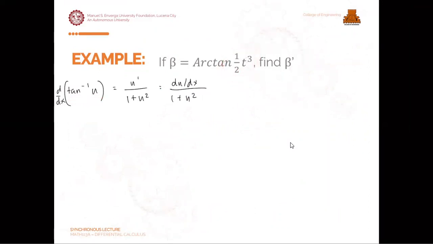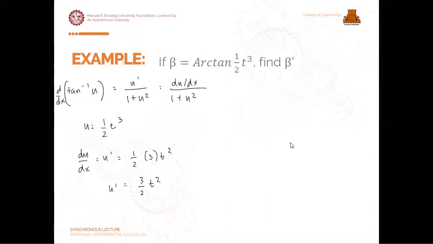Once we get the derivative u prime, that is the numerator, and the denominator is 1 plus whatever our u is. It is easier, it is just like plugging in. So u is 1/2 t cube. Let us get du over dx, or u prime. It will be 1/2 times 3t squared, so 3 halves of t squared. That is our u prime.